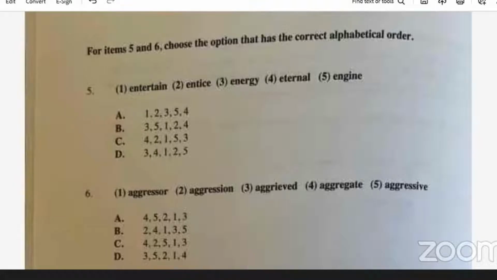Most of them start with EN, and there's one, number 4, that says ET. So again, we're looking at how these words would appear alphabetically, how they appear in the dictionary. And so for number 5, once we have done our analysis, then the answer for number 5 would be B.